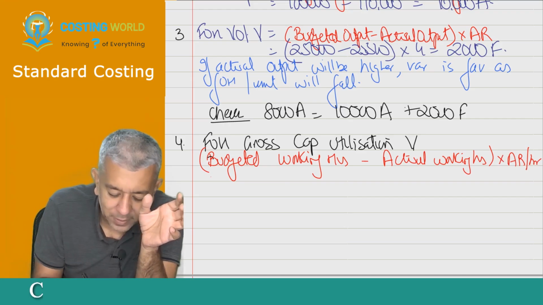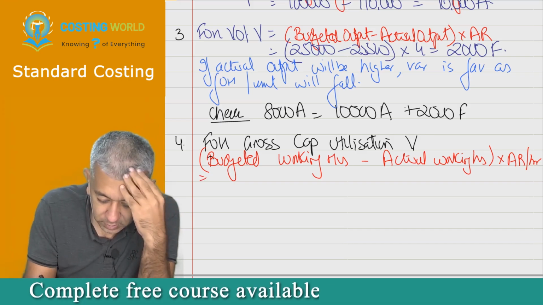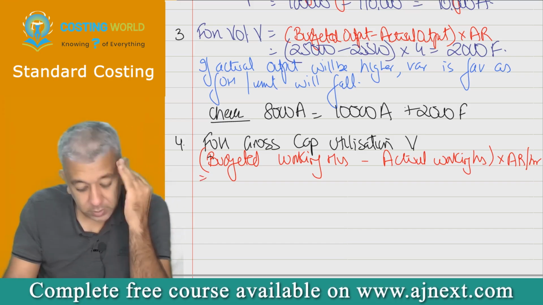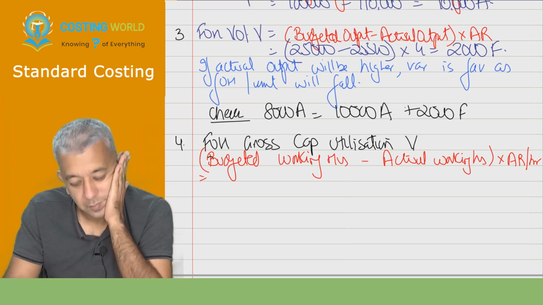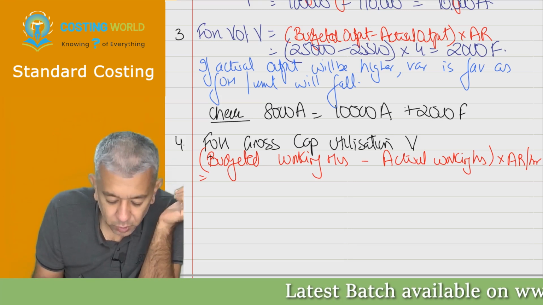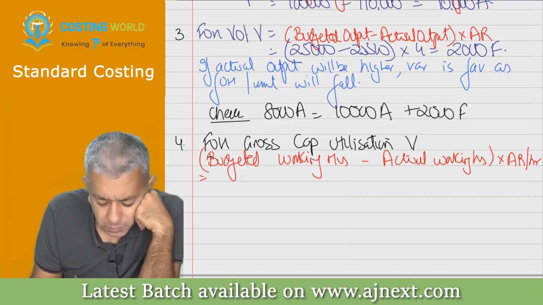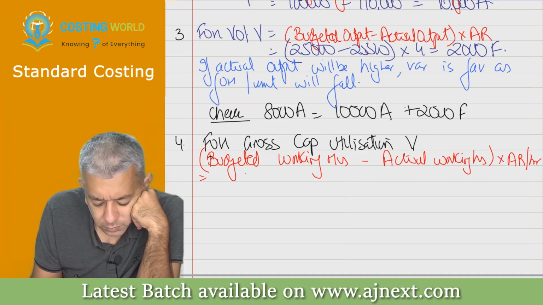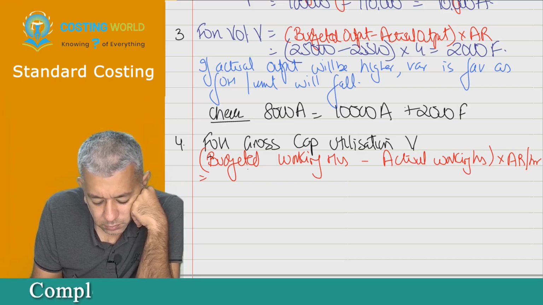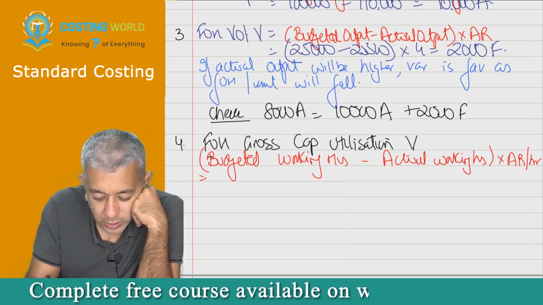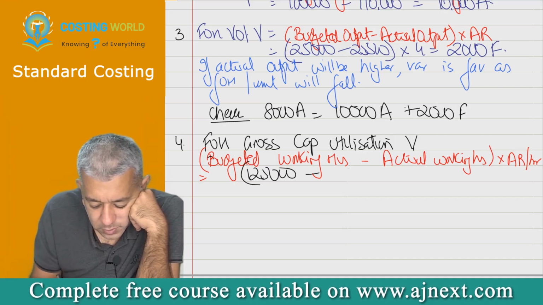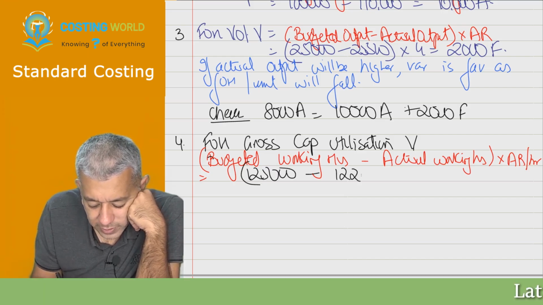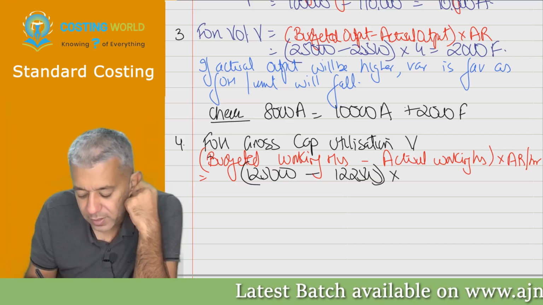So I'll multiply by absorption rate per hour. So please tell me the numbers from this question. I am waiting. 1,25,000 minus 1,22,500.